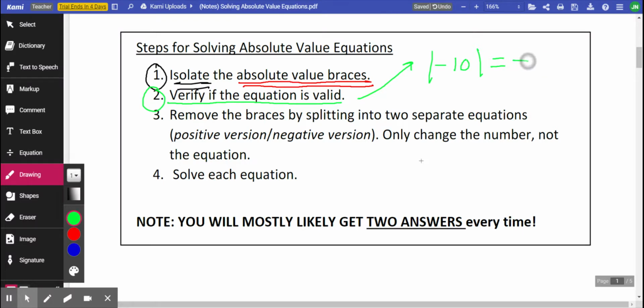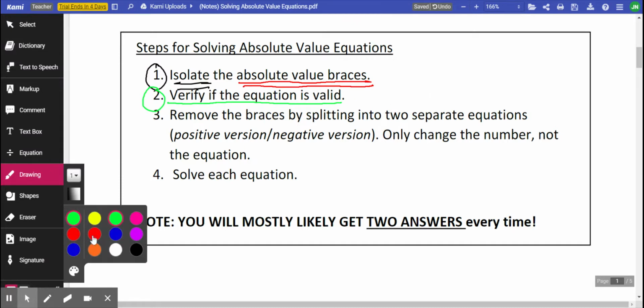I cannot take the absolute value of something and get a negative answer. So that's what I mean by verify it. For example, if the absolute value of x is equal to negative 5, that is not true, because whenever you take the absolute value of something, you always get a positive number, never a negative number. So if you get a negative number, then it's invalid, meaning that you're not going to have a solution. You can't solve it. So we'll do some examples of that.